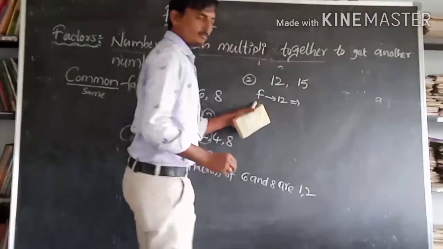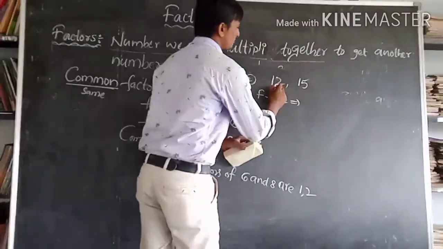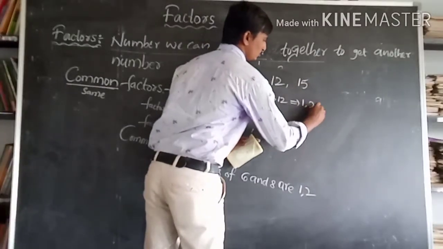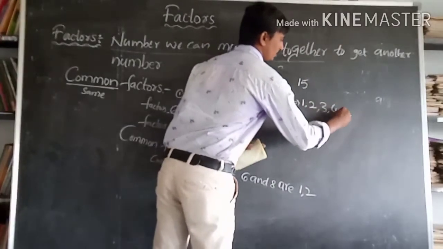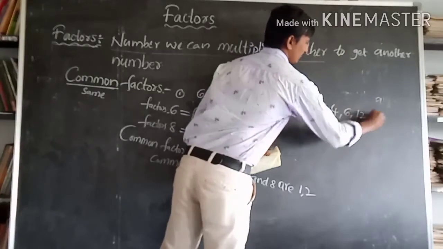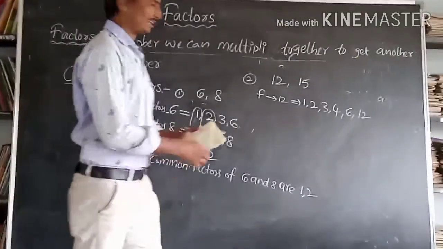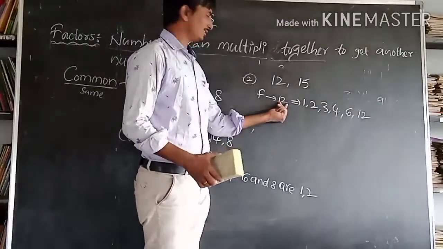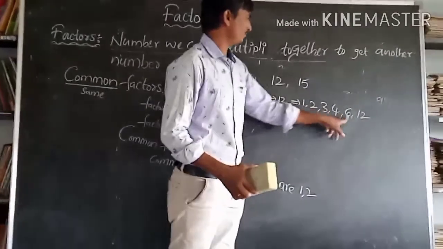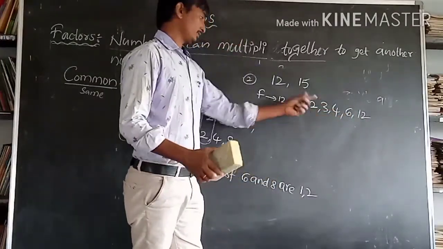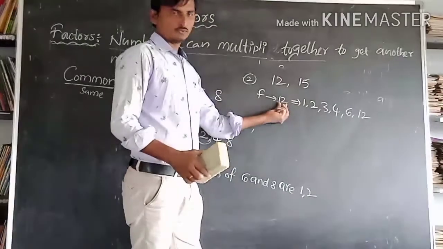I write the short form of factors as F. So I am writing 1, 2, 3, 4, 6 and 12. These are the factors of 12. How many factors are there in 12? 1, 2, 3, 4, 5, 6. 6 factors of 12.